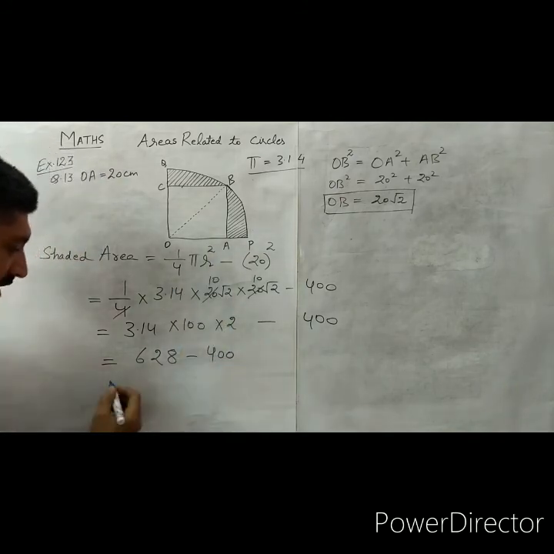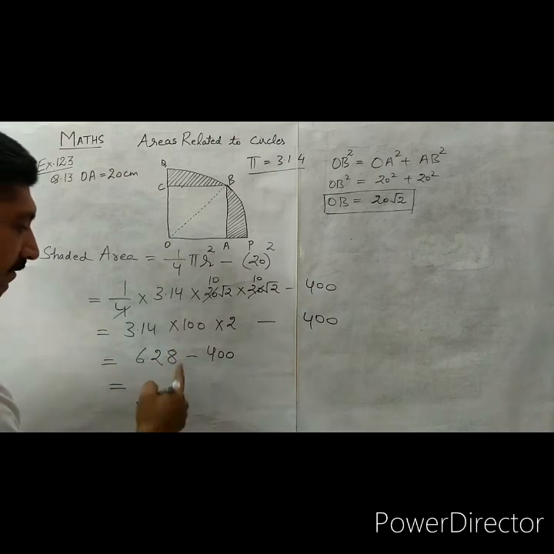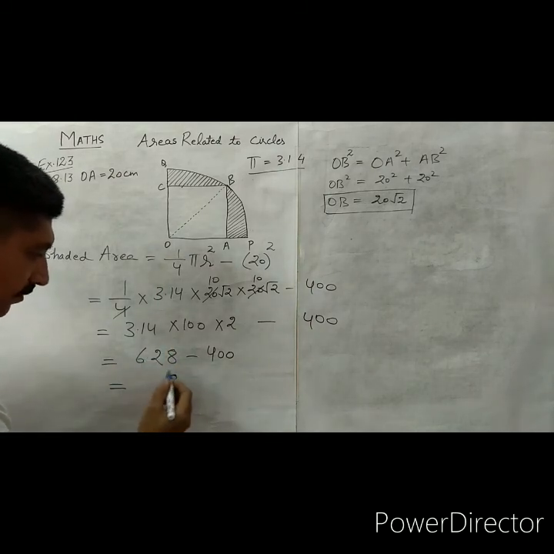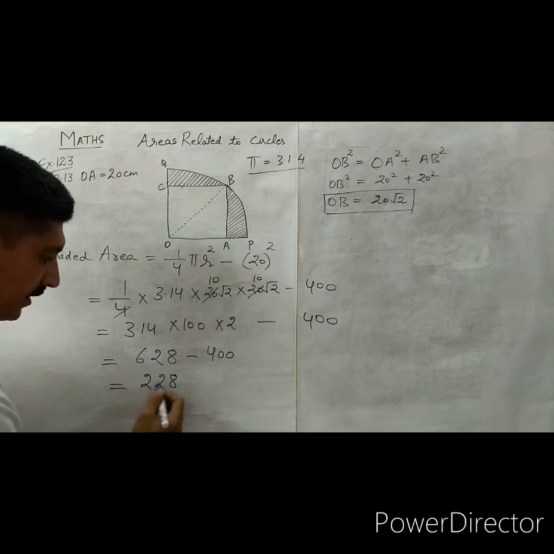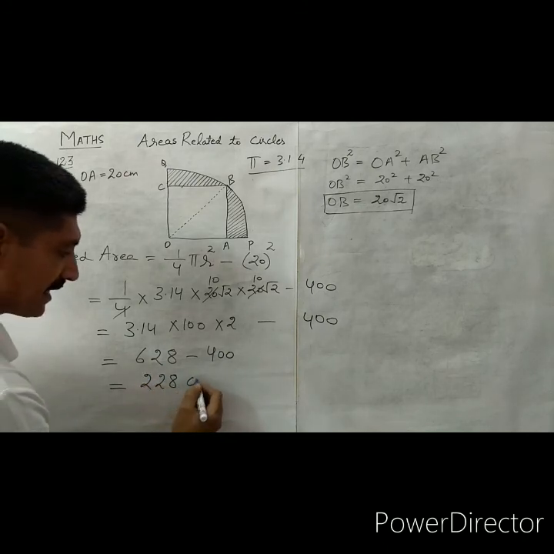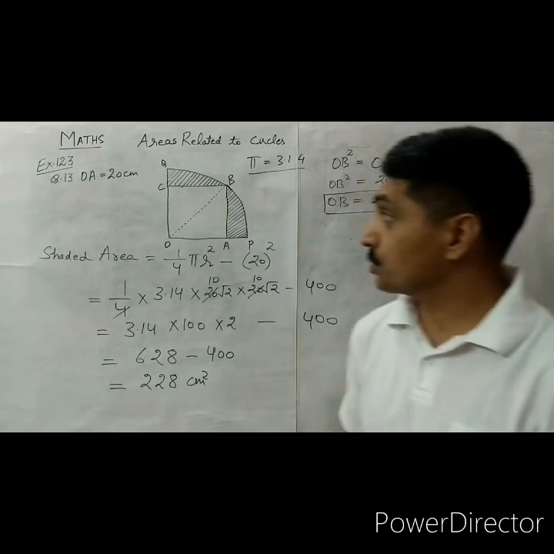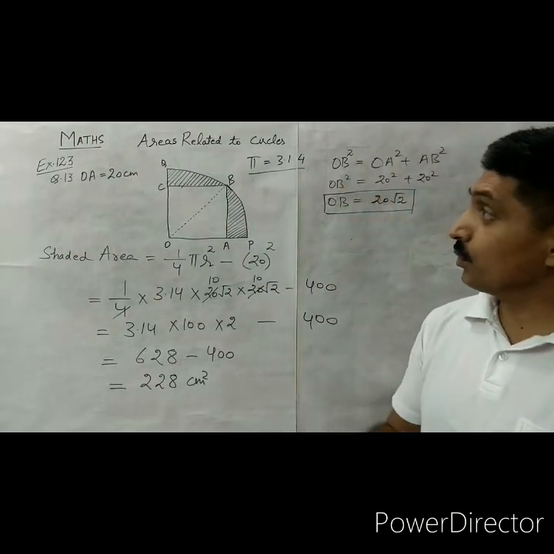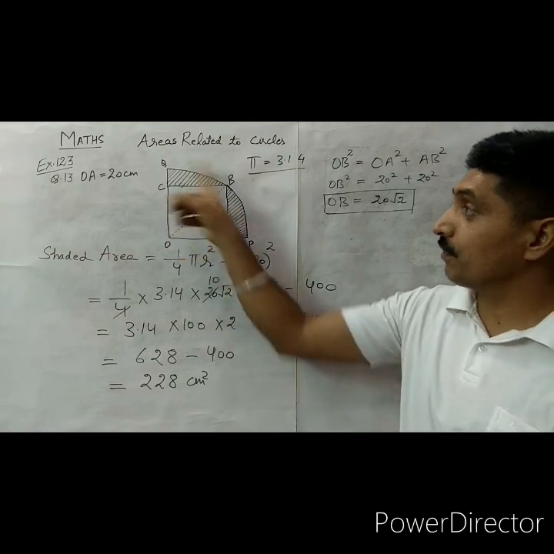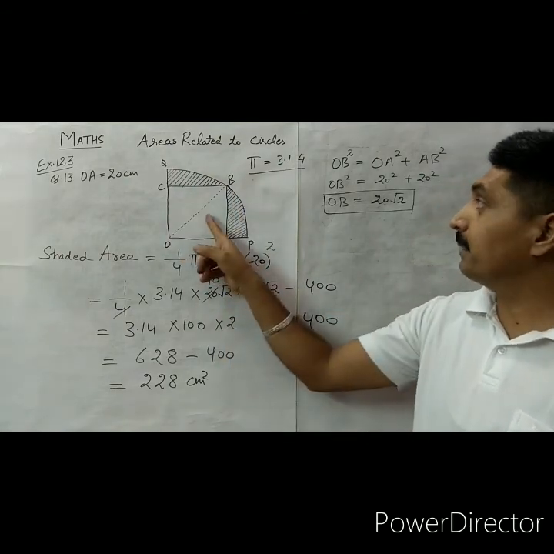So here the shaded area we have 228 centimeter square.